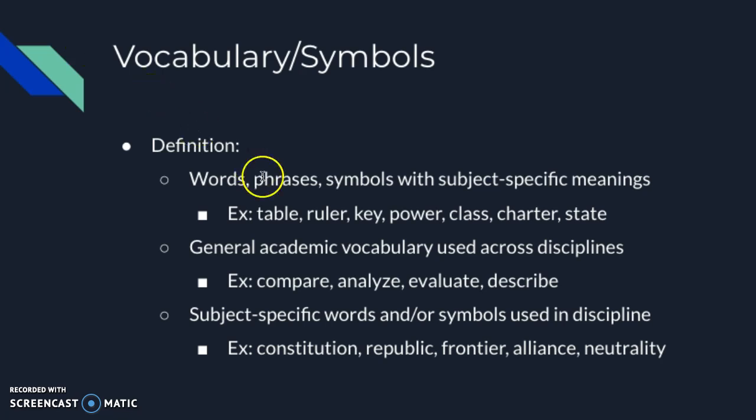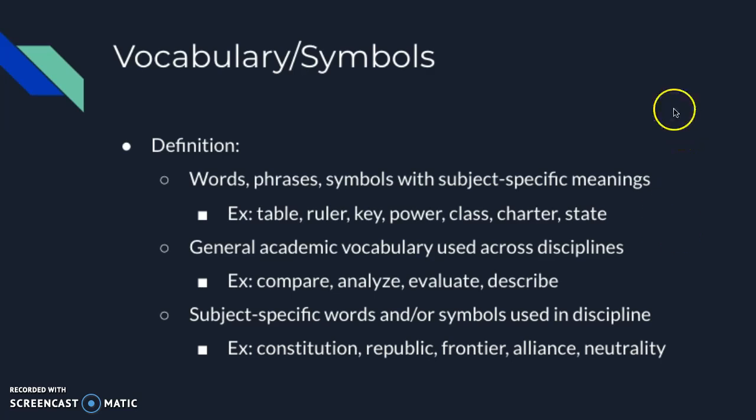So, for example, table, ruler, key, power, class, charter, and state. These vocabulary terms have subject-specific meanings that go beyond just regular, ordinary, everyday meanings of these words.